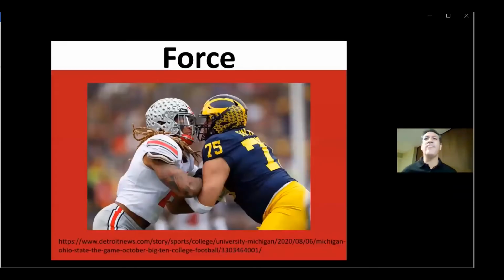So let's think about the force aspect. We have 2 very big collegiate football players here from 2 fine institutions. The force of this movement will depend on a variety of different factors, but mass and acceleration are going to be involved in this force outcome. Factors that influence this, we always think about leverage, and you can think about the general concept of low man wins in football.